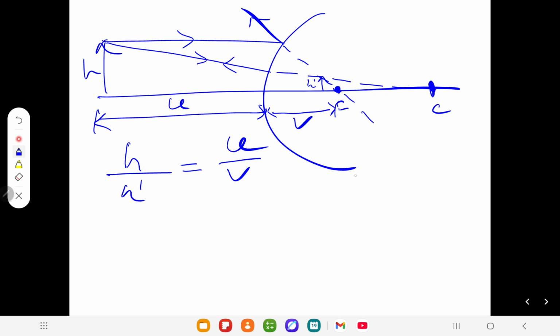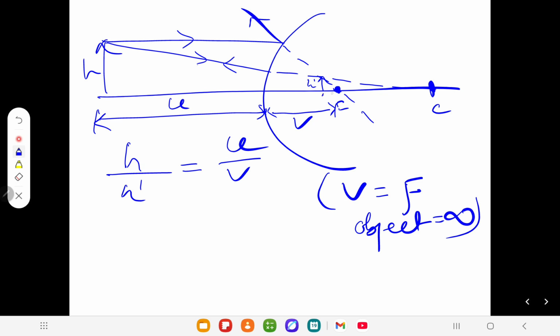So let's consider the image distance v equal to f if we consider the object at infinity, at far distance, because here the image is here and the focal point is there, with very little gap. Then the image distance is equal to f, isn't it?